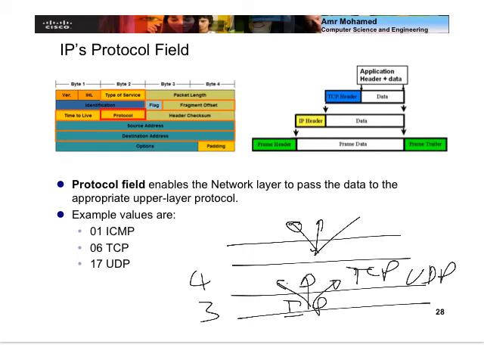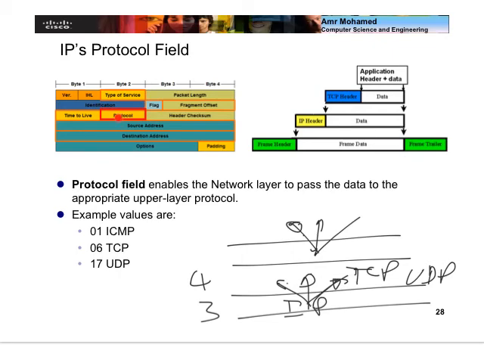But we still need something to tell us which protocol in the next layer I should use to process the data or the payload itself. And that's the function of the protocol field.